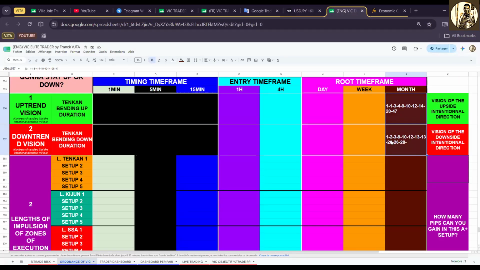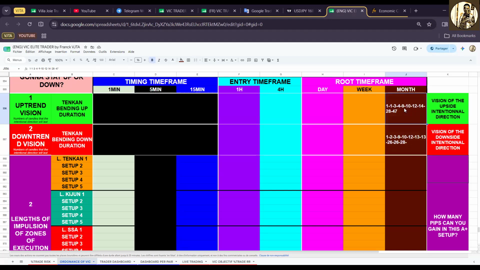So don't try to do too much big mathematical stuff. I like to stay upfront and direct, just to have an idea. So what does that teach you about the Tenkan bending?